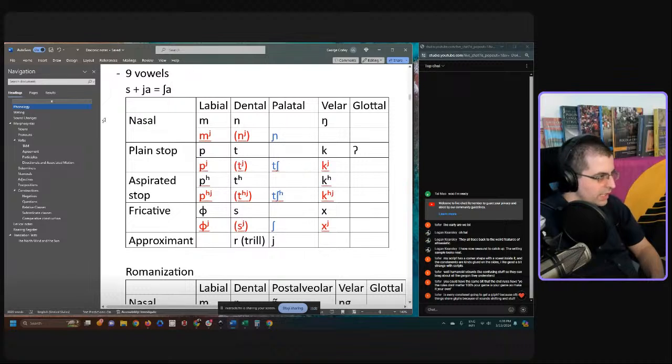So you can have that sort of thing happen here, and get the palatals represented without having extra characters for them.